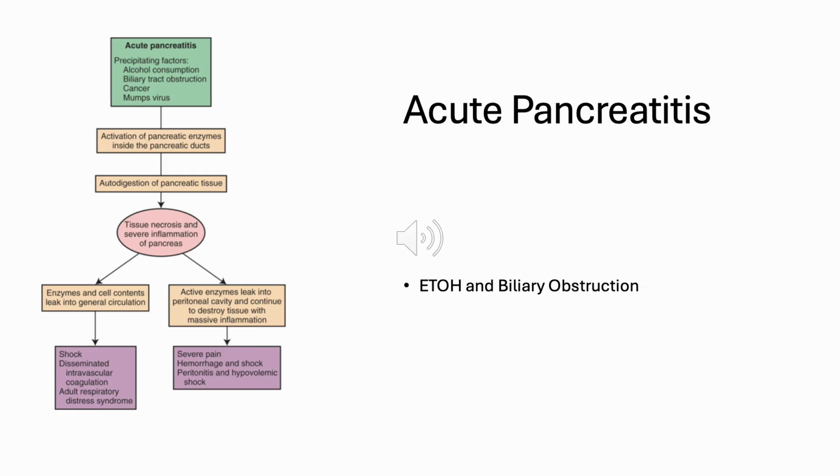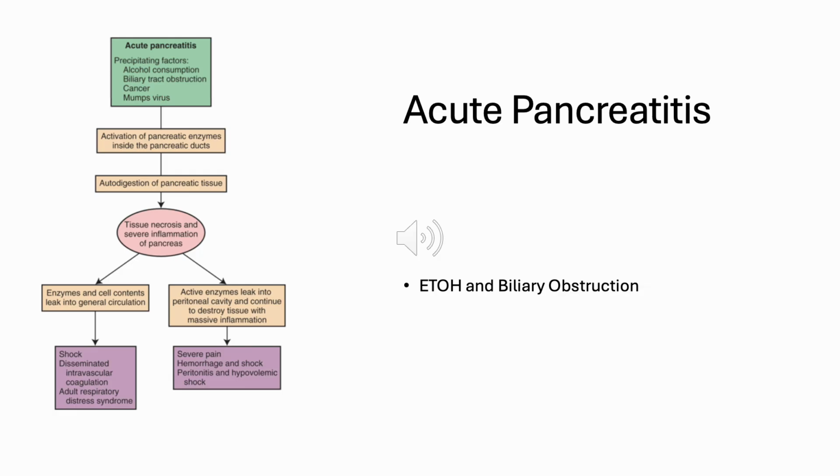So anyways, with the autodigestion, the patient could develop shock and DIC, which is a condition of clotting and bleeding, and you'll learn about it in mother baby. Adult respiratory distress syndrome can occur due to pancreatitis because it causes a systemic reaction.